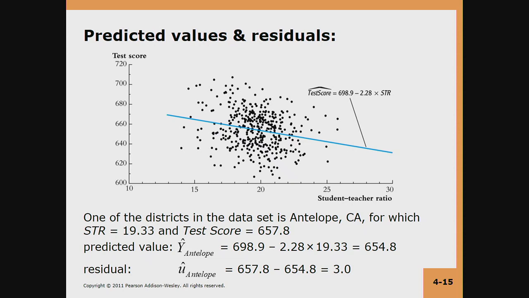To calculate the error term, which they're calling the residual here, it's 657.8, the observed test score, minus the estimated test score, 654.8. So we have a difference of 3. That's our error term in this case. Remember, we're trying to minimize the error as much as possible so we have a more accurate model.